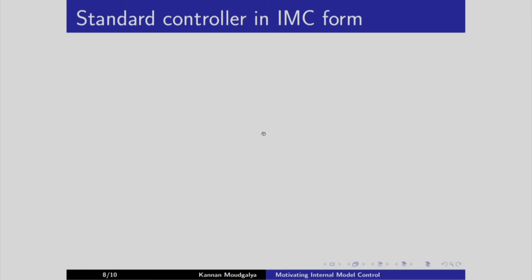I would like to ask this question: can we express the standard controller in IMC form? Why? Because we have already designed the standard controller, we have spent a lot of time and effort. Now we have got a new configuration called IMC. Now it will make sense if I make these two consistent with each other, so that whatever we have done will not be wasted.